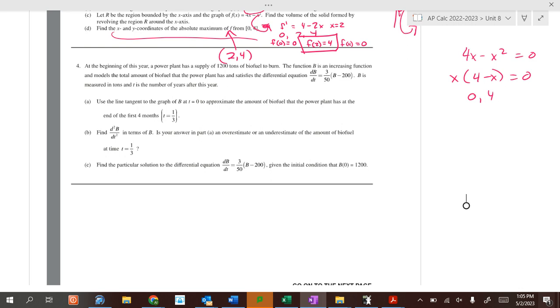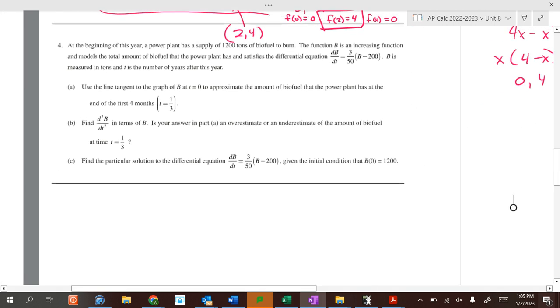All right. At the beginning of the year, the power plant had a supply of 1,200 tons of biofuel to burn. The function B is an increasing function and models the total amount of biofuel that the power plant has, and satisfies the differential equation. B is measured in tons and t is measured in the number of years after this year.